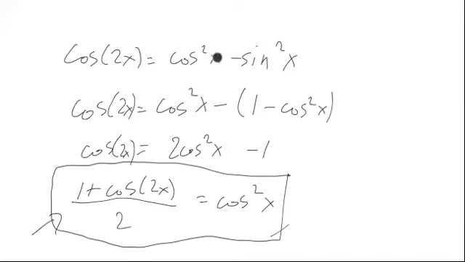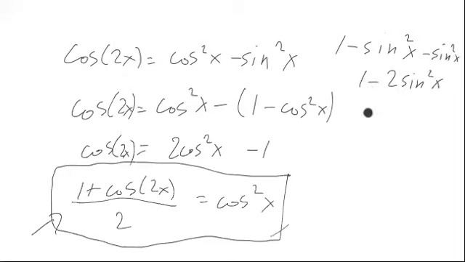Now notice how I converted all of this to cosine squareds. I could have similarly converted everything to sine squareds instead. See this cosine squared, I could have rewritten it by replacing it with 1 minus sine squared. But then I still have that minus sine squared there. So this side would become 1 minus 2 sine squared x.